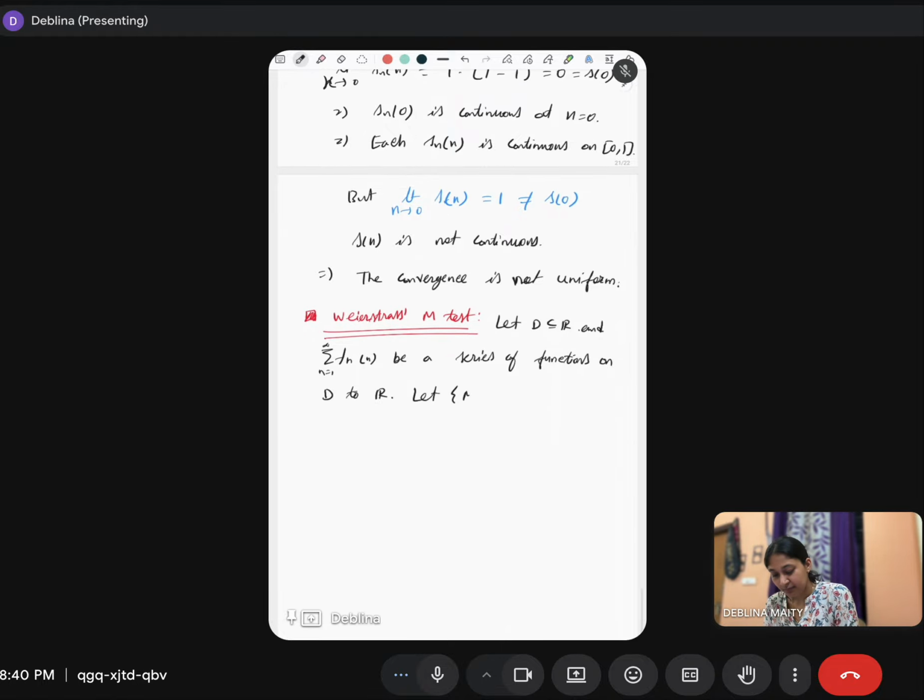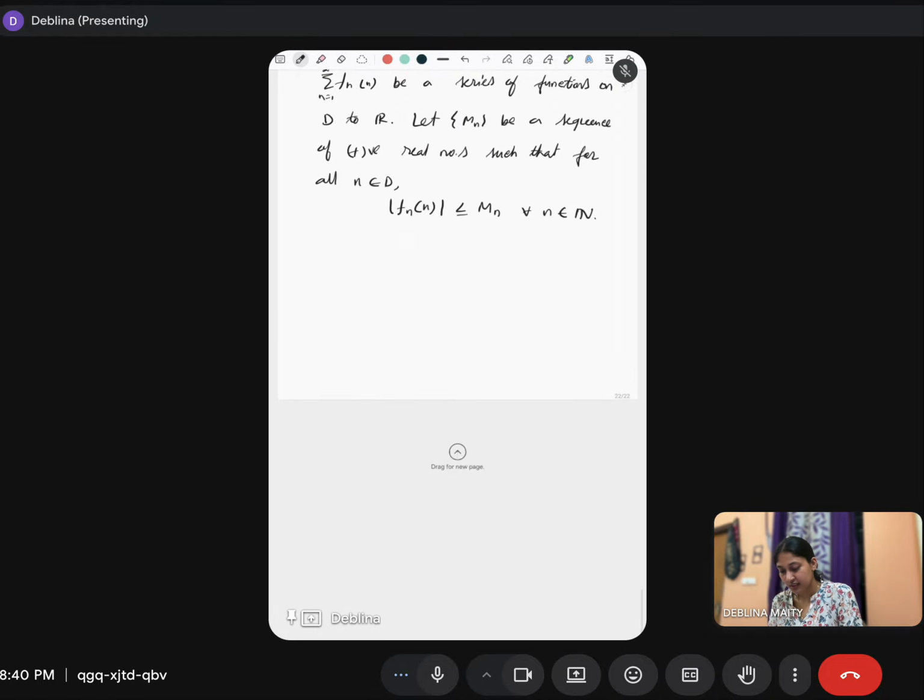Now let M_n be a sequence of positive real numbers such that for all x belongs to D, mod of F_n(x) is less than or equal to M_n for all n belongs to N, right?